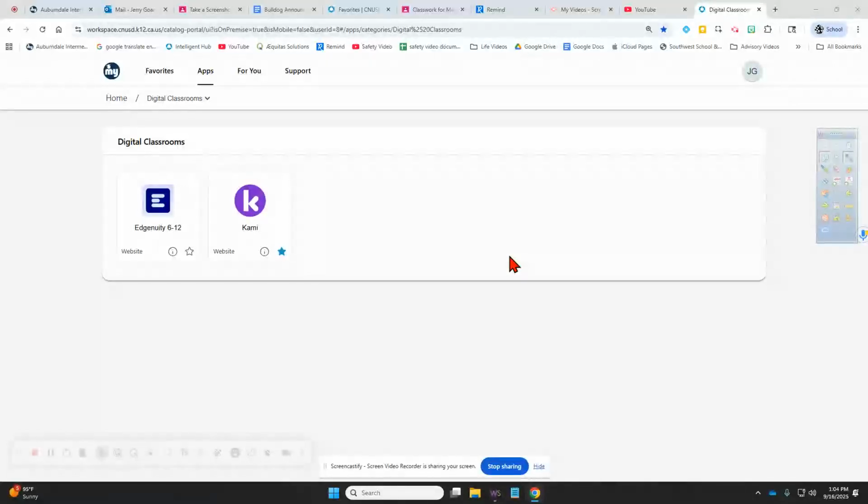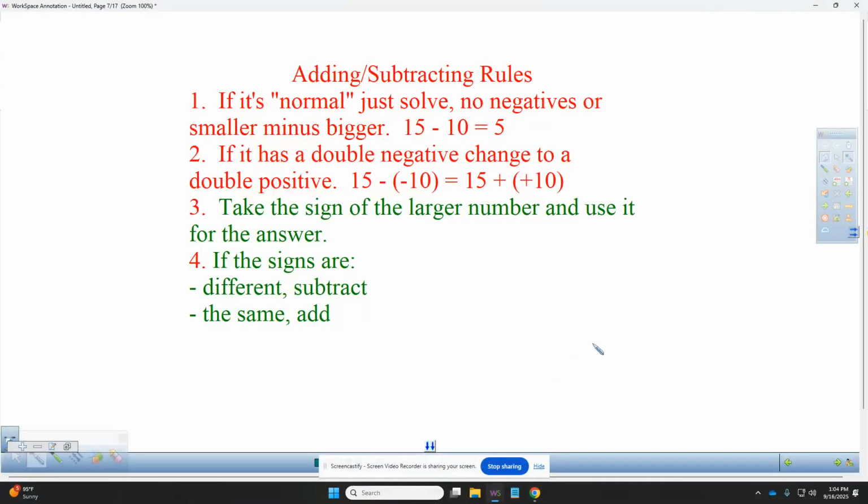Okay, we're going to continue with the review for adding and subtracting of integers. Quick review of the steps or the process that we use. We've got our adding and subtracting rules. If it's normal, we solve it.